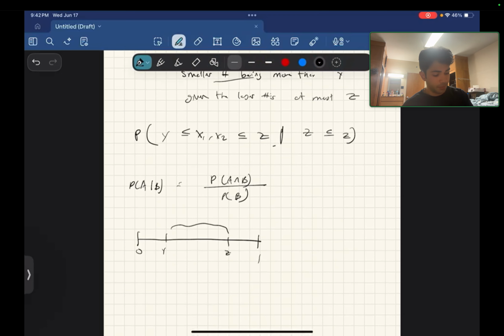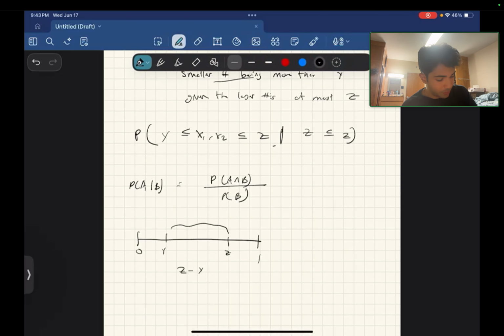Why? Because if we're from 0 to 1, then this portion, z minus y, represents the portion of 1 that we're allowed to be in. And if there's equal chance of landing anywhere in this span, then the chance of landing in this range will be the length of this span.